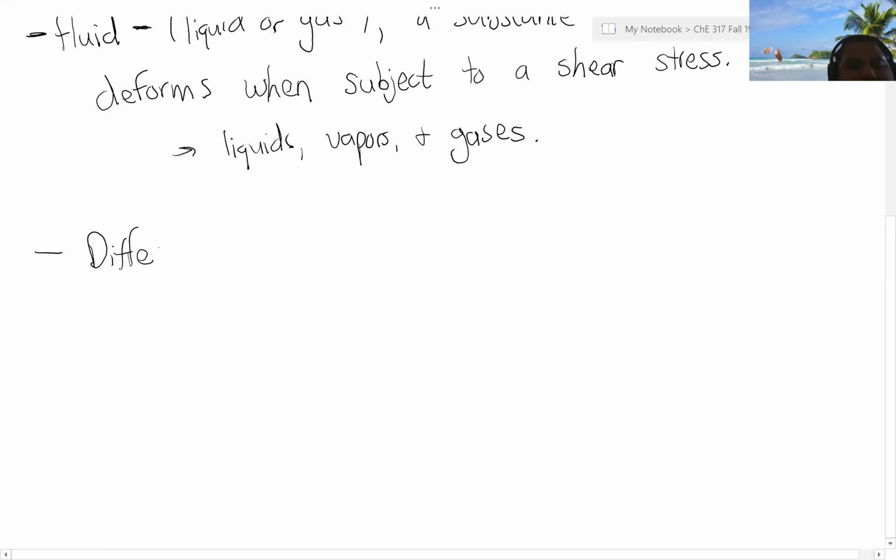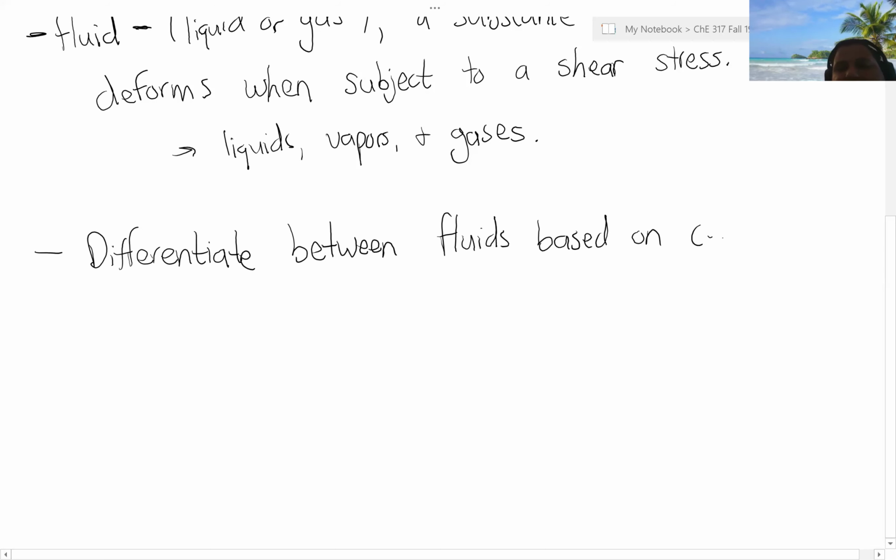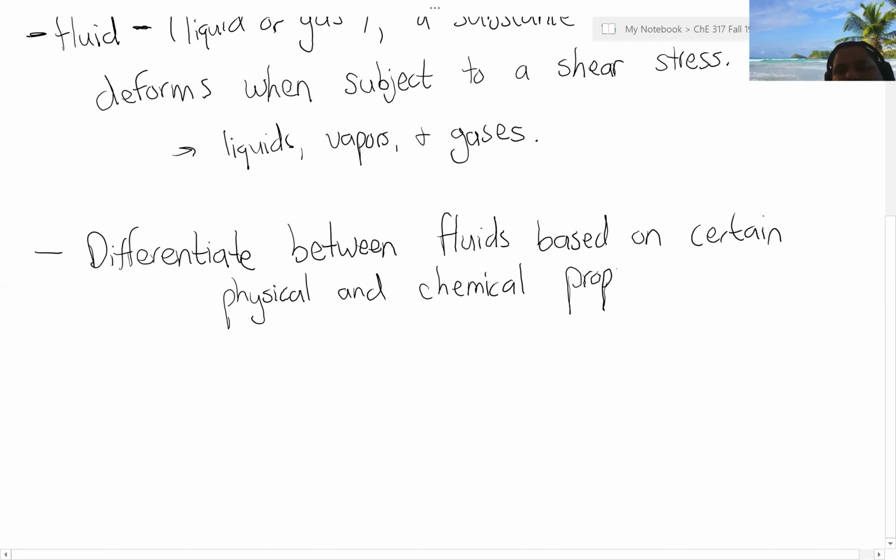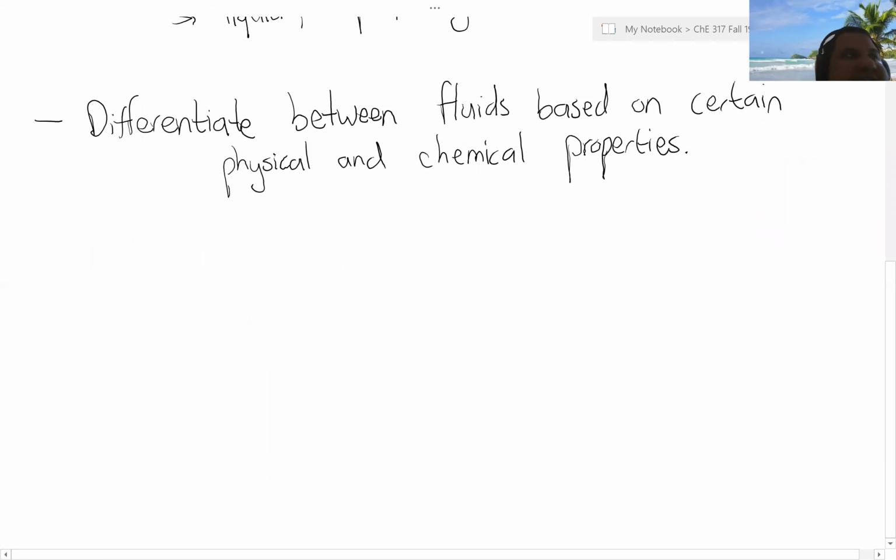So I'll just say we like to differentiate between fluids based on certain physical and chemical properties. We can spend all morning talking about the various classifications, but we're going to touch base on a few.